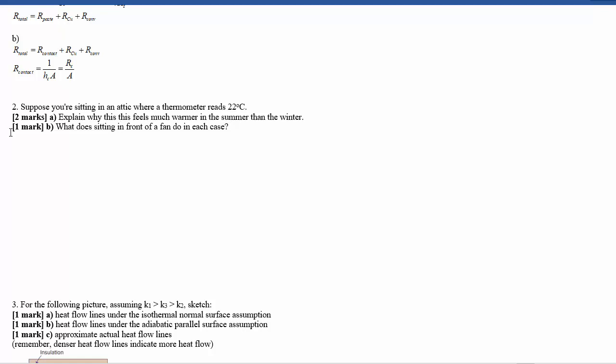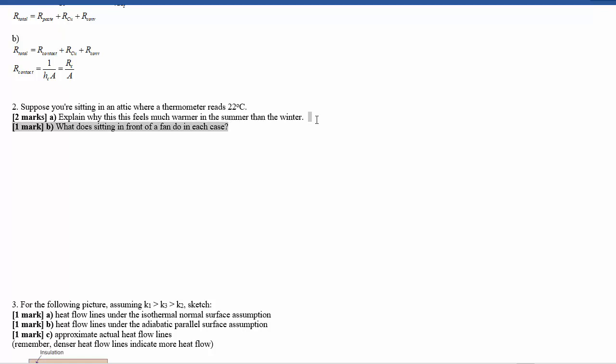Well, sitting in front of a fan is in either case going to make you feel colder. Why is that? Because it enhances the convection to the point that the convection dominates over radiation, and you don't really have to worry about the radiation so much.